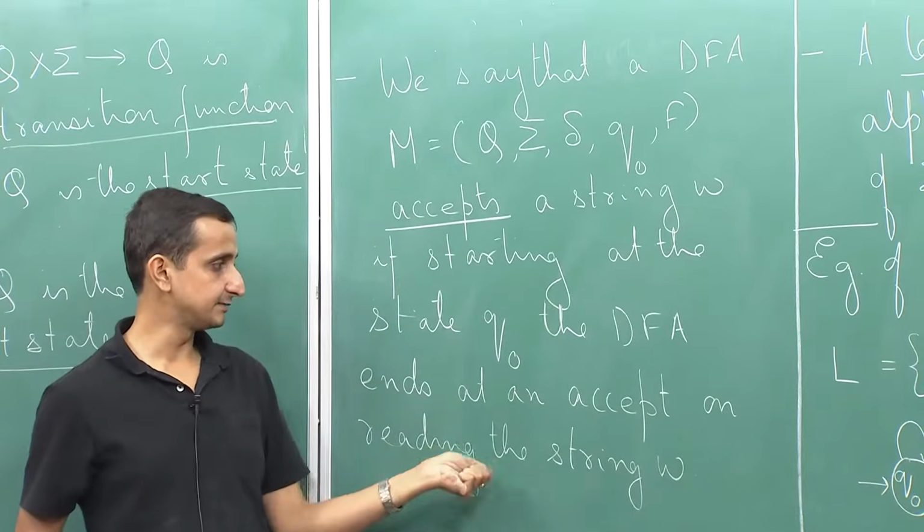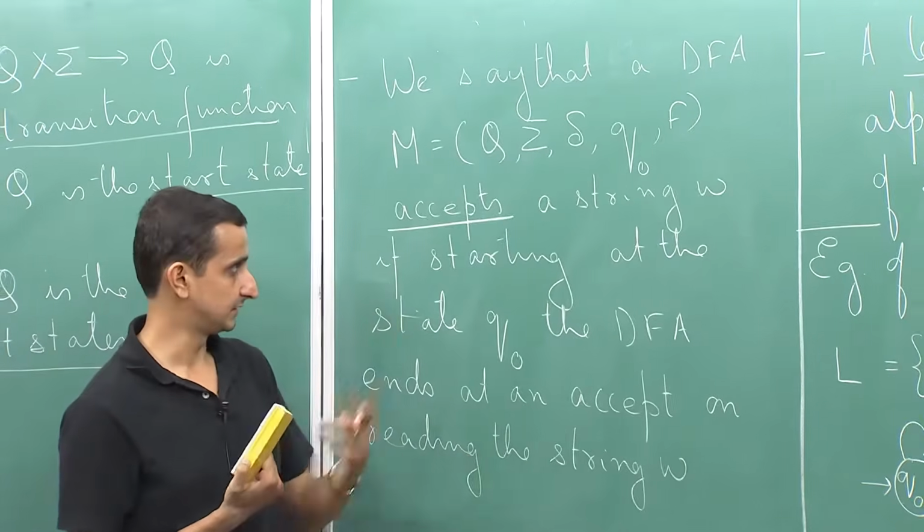And if it doesn't end at an accept state, then we say that it does not accept the string W.